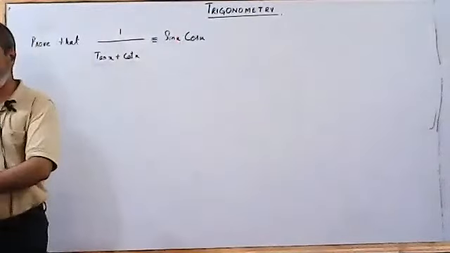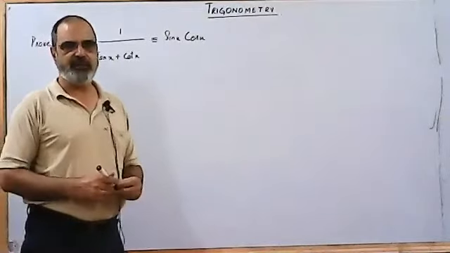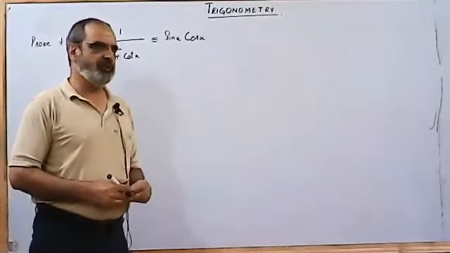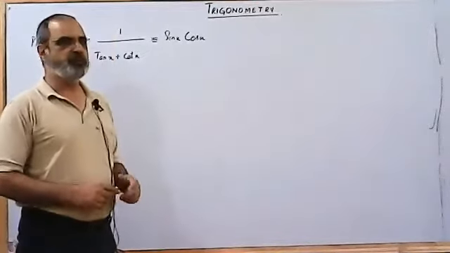You are already familiar with this technique to prove the identities. First of all, we select the side which has the greater number of terms. It's your choice whether we take the left side or the right side to start our procedure.